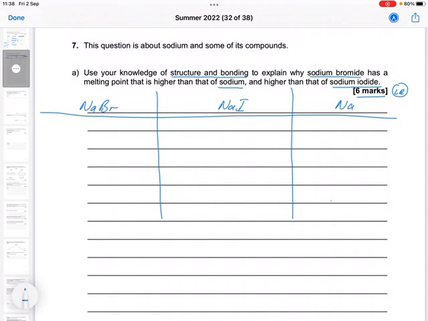So first thing I'm going to talk about then is the structure and bonding. So structure and bonding for sodium bromide and sodium iodide, they are both giant ionic. And sodium, that's just a metal on the periodic table, so that's going to be giant metallic.